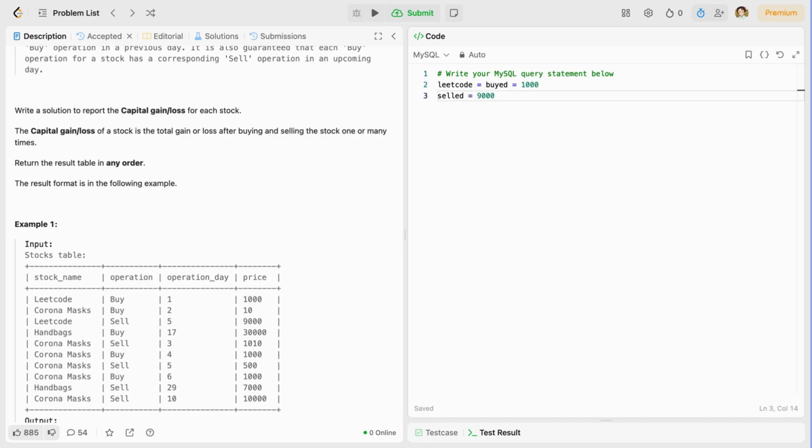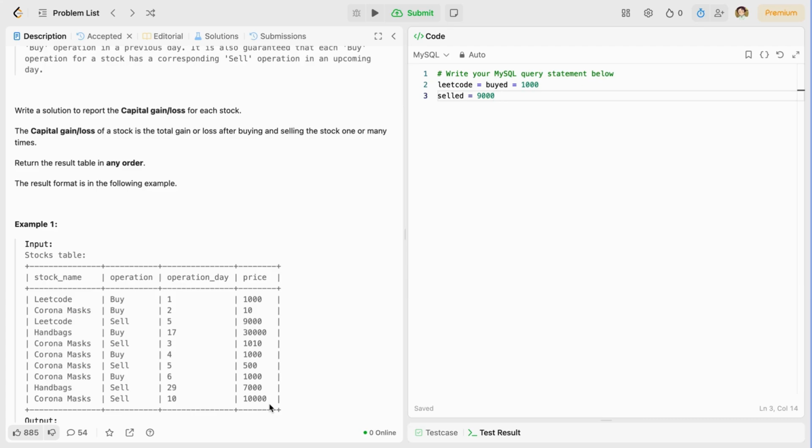Then Corona Mask was bought for 10, and again it was sold for 1,010, and again it was bought for 1,000, again it was sold for 500, and Corona Mask was again bought for 1,000 and again sold for 10,000.